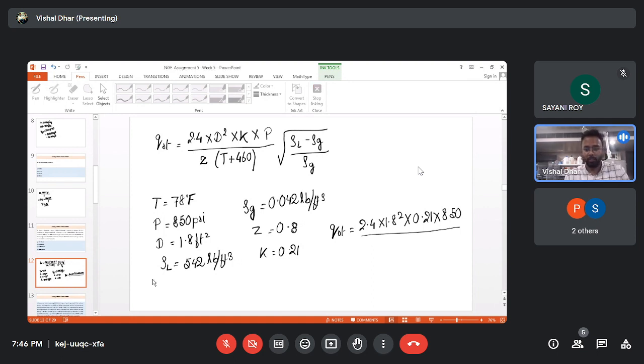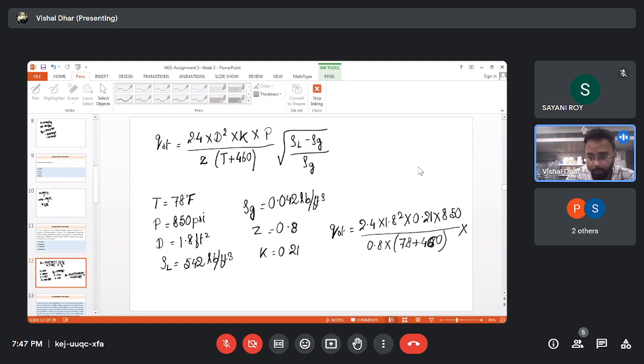Okay, so where have we got? Yeah, so next will be 2.4 into 1.8 into 0.850. Then bottom it will be Z is 0.8 into 78 plus 460.